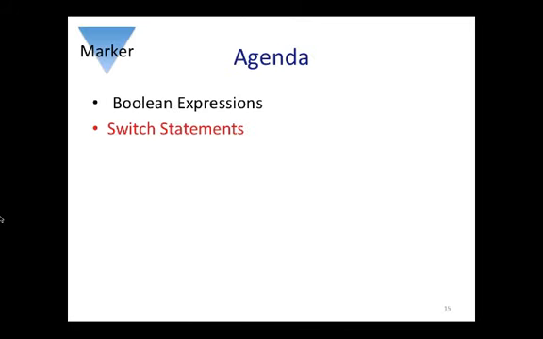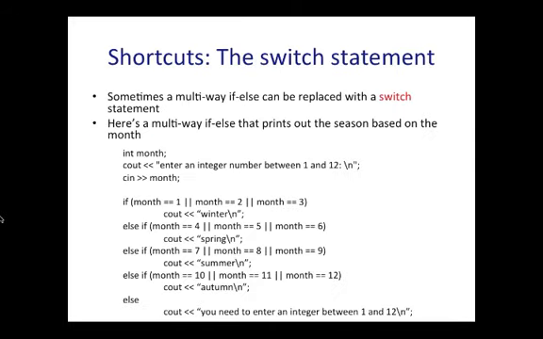The third thing we're going to talk about now is switch statements. So sometimes we're going to find that we have a very long set of cases. Here's an example of a long if-then-else that can be somewhat hard to read, where depending on the month, which is between 1 and 12, we're going to print out the name of the season: winter, spring, summer, and autumn.